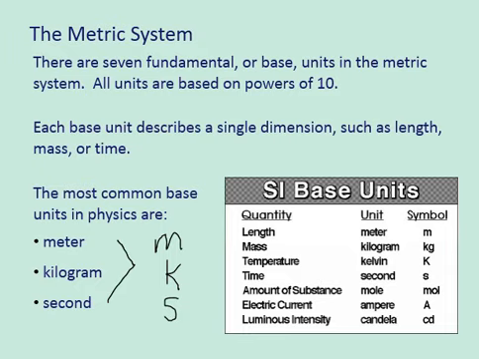But we won't be using that in class. The other one that we might use during the year is this electric current one, the ampere. When we start talking about electricity, that will be the other unit that we use. But the rest of the ones for temperature, amount of a substance, and intensity, probably we won't talk much about.